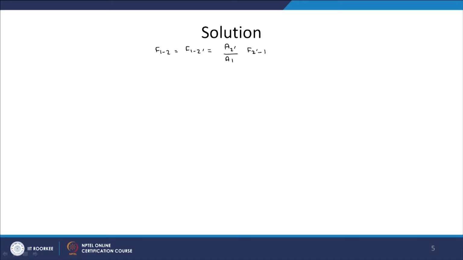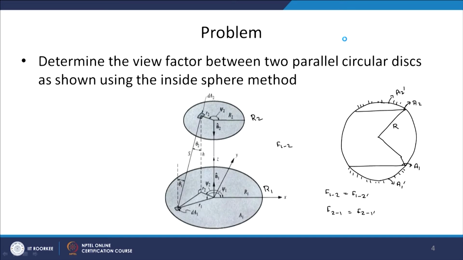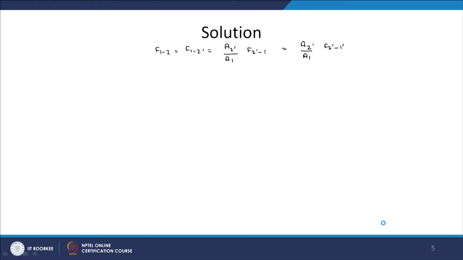And this becomes equal to A2 prime upon A1 and then we just write f2 prime to 1 prime. Just look at this: 2 prime to 1 is the same as 2 prime to 1 prime. So, we get this relation.